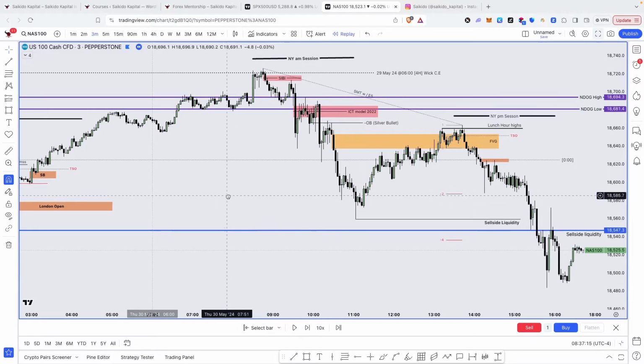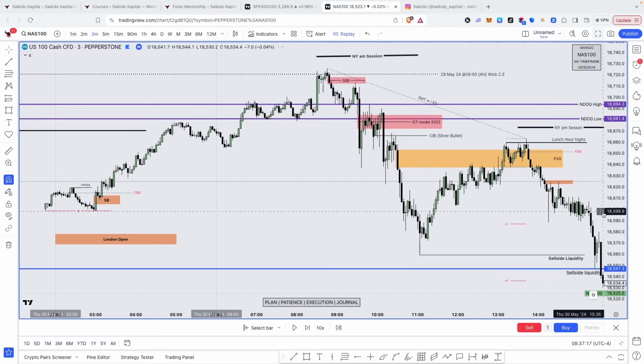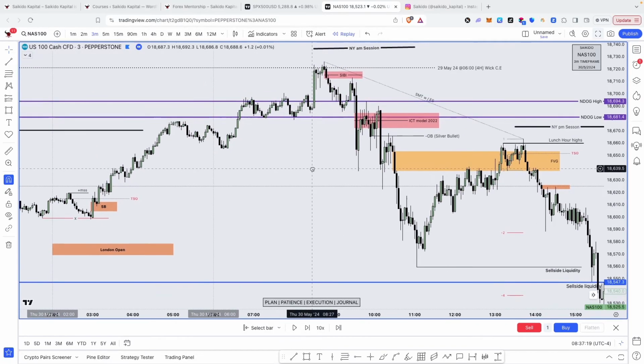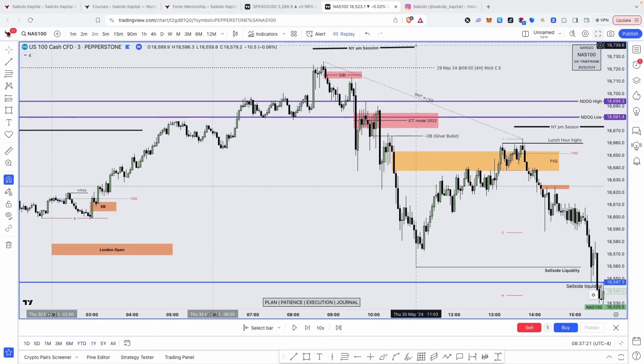ICT talks about having a bias, a hard time frame point of interest or objective that you are looking for price to actually achieve during the AM session. And then now you look across the morning, you have relative equal lows. In this case, we already had relative equal lows, meaning two different lows, relatively equal.